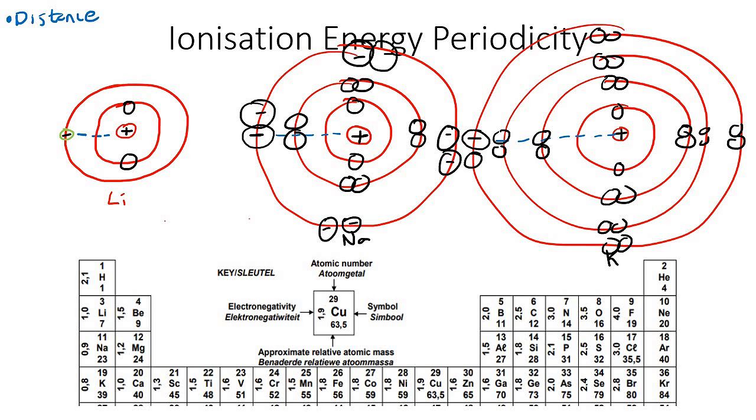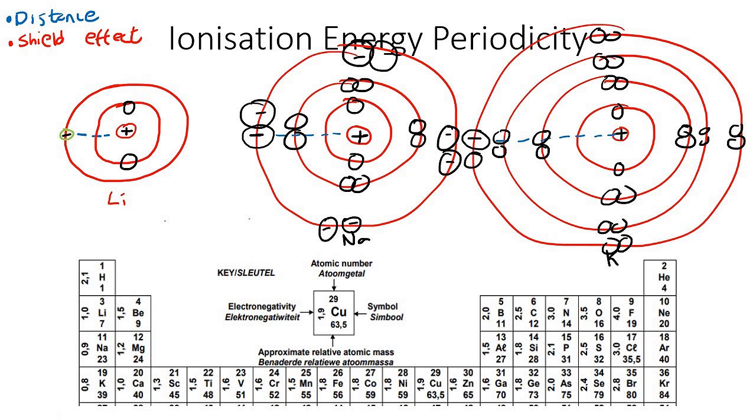So what happens is that these electrons that are on the inside almost decrease the effect of this nucleus on these electrons on the outside. It's almost like these electrons are getting in the way. We call this the shield effect. Okay? And that's something we're also going to talk about when we make our summary in a few minutes.